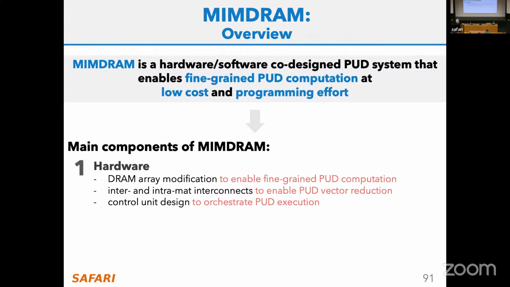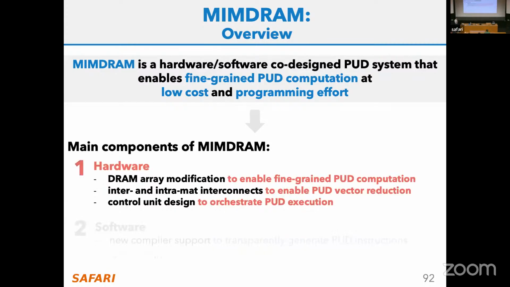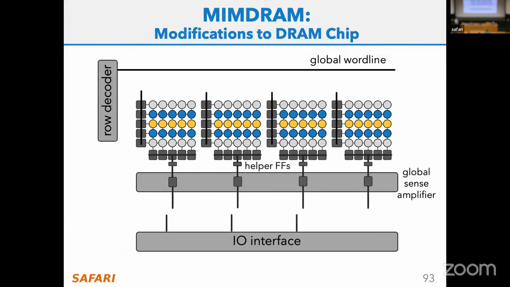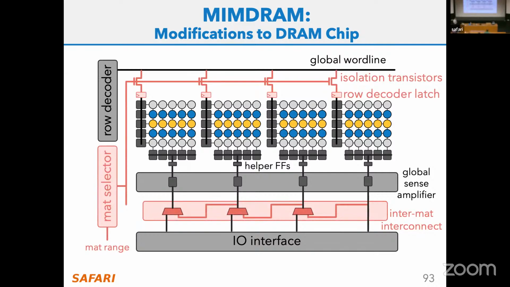And processing using DRAM is composed, as I mentioned, of portions of hardware and portions of software. So I'm going to briefly talk about the hardware part. The first part that we have on the hardware side is some simple modifications to the DRAM access circuitry, to first isolate those different DRAM mats using some isolation transistors and some mat selectors to select the mats that I want, and some further interconnect to allow me to move the data from one mat to another mat through that shared communication path that I mentioned before, the global sense amplifier.